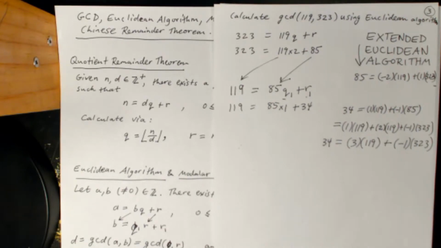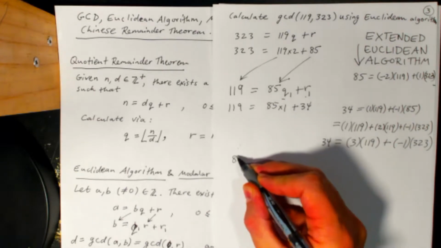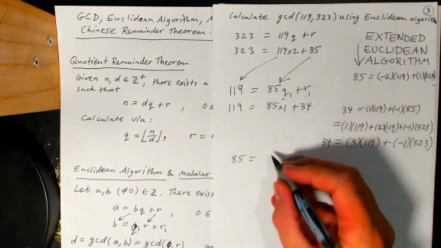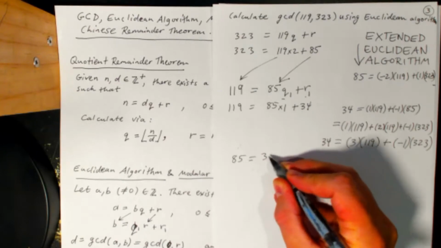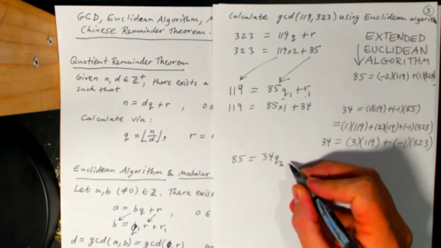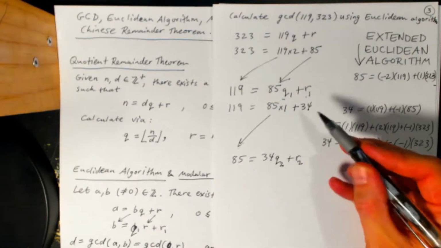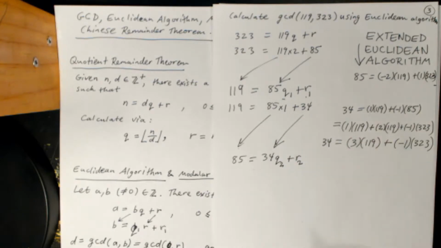Okay, so next we want to bring the 85 over. So 85 is equal to 34 times a quotient 2 plus a remainder 2. We've taken the 85 there and the 34 there. Now we seek our new quotient here.